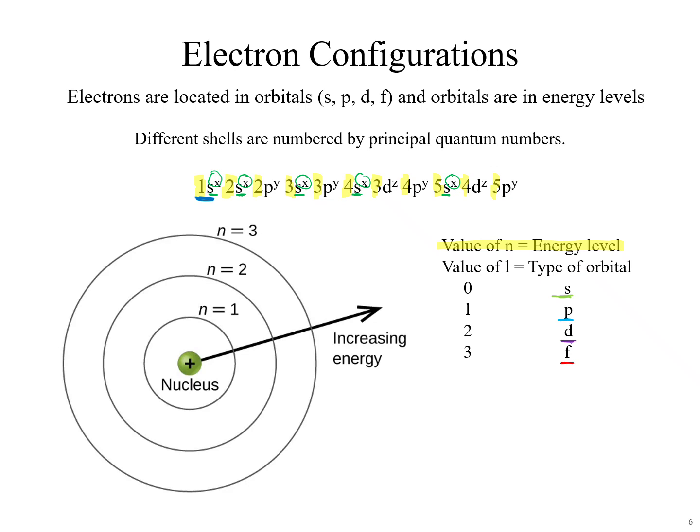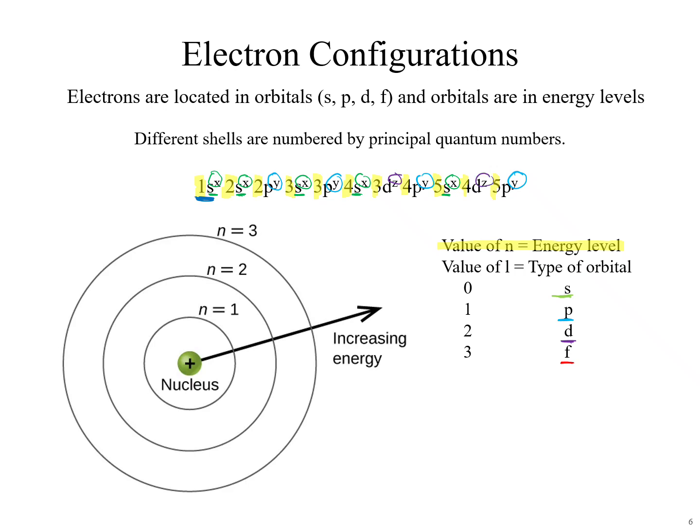Then when I have p, I have letter y. And then when I have letter d, I have z, and I'm using the purple for that one.